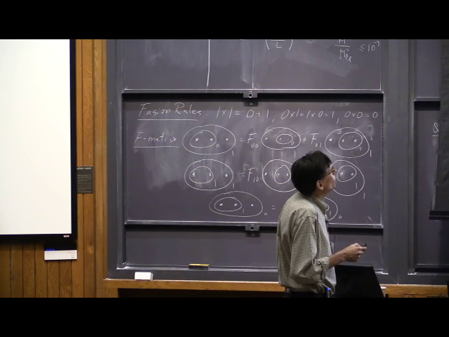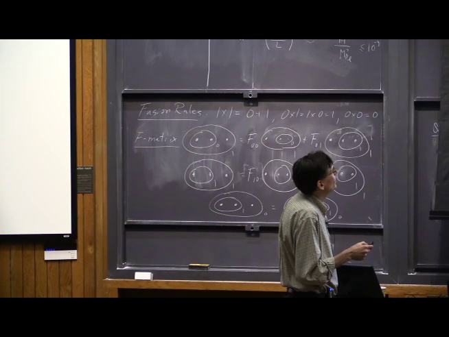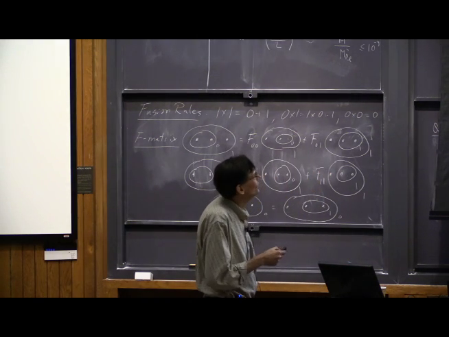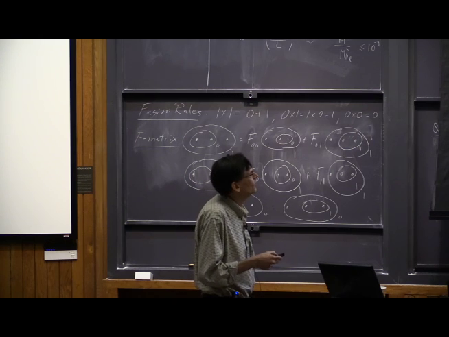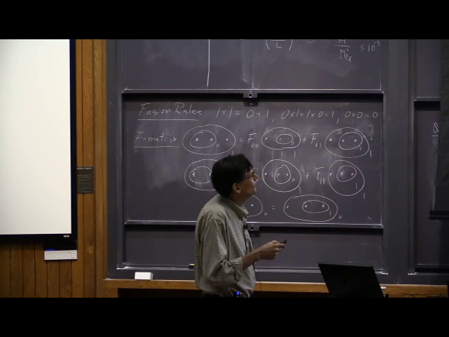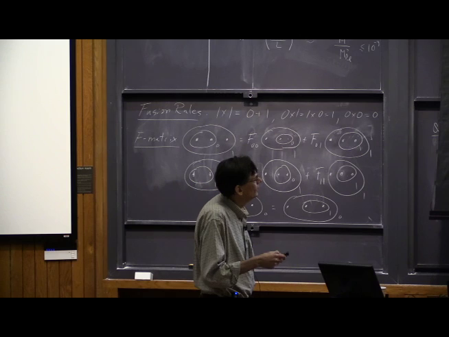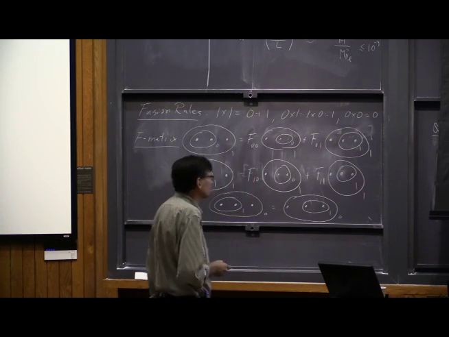If you remember, what this equation tells me is I can change from this basis to this basis. Or if you like, I can imagine expanding this state in this basis and reading off the coefficient of this basis state. And I can perform that calculation either by going along the top of the diagram, the sequence of F matrix operations here, or I can go along the bottom part of the diagram, and I have to get the same answer.